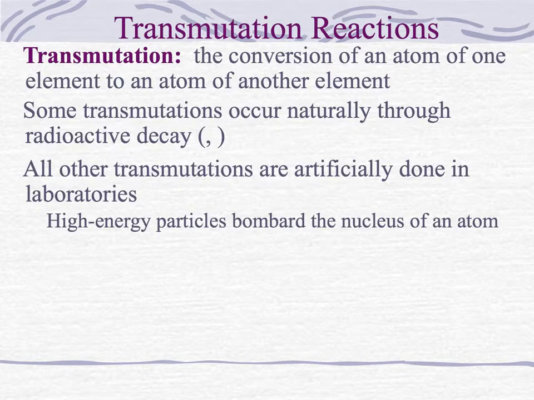Transmutation reactions. It says right here, the conversion of an atom from one element to an atom of another element. A lot of times in these transuranium reactions, you'll see them being accompanied by alpha or beta reactions.